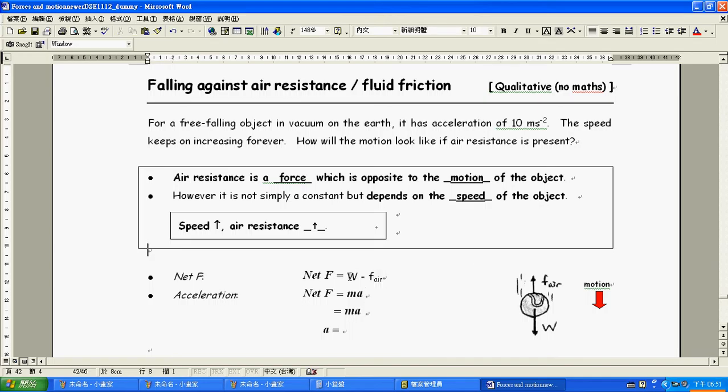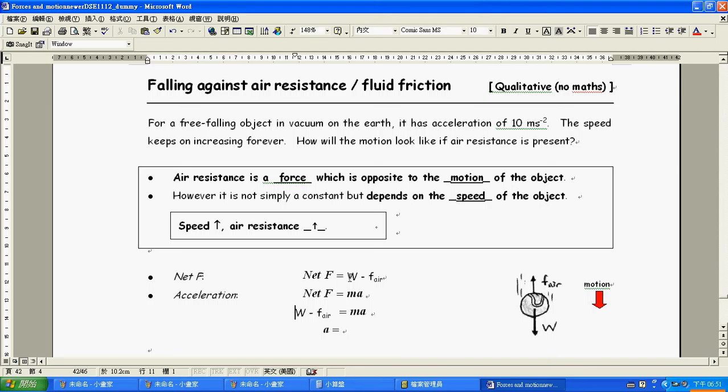It will be the net force equals ma, Newton's second law. With that, we can write down W minus air friction equal to ma.